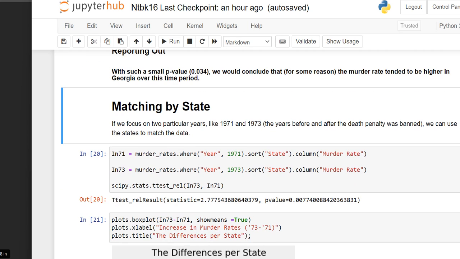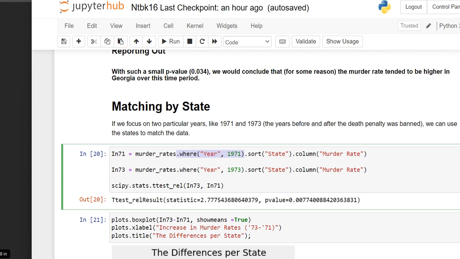So you see this matching by state, and notice that they're getting the murder rates for 1970 year, and notice that they're sorting by states. Again, there's going to be a matched pairs approach, so that dot sort is going to be a feature a lot of times when we're creating these arrays. So we have an array for 1971 murder rates sorted by state, and an array for murder rates from 1973.